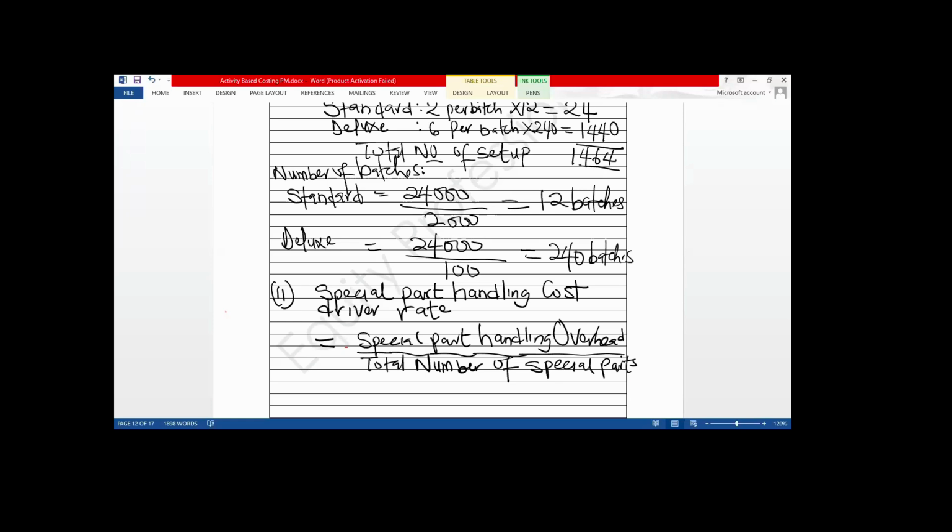It is immediately after direct labor hours per unit. So we have number of special points per unit, not points, but parts. It should be a typographical error. Please remove that point. It should be special parts. Examiner says number of special parts per unit.